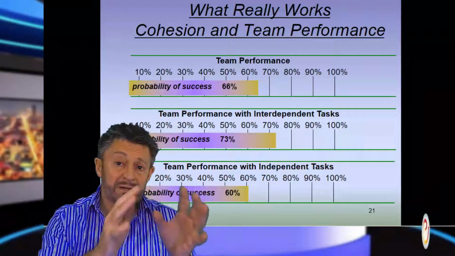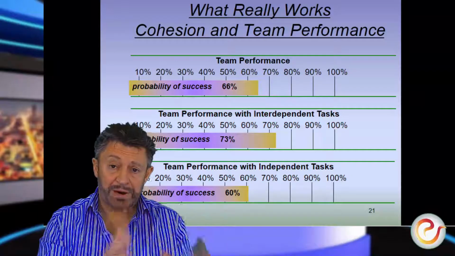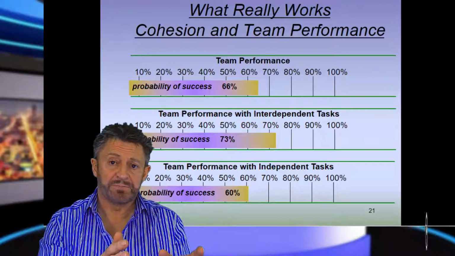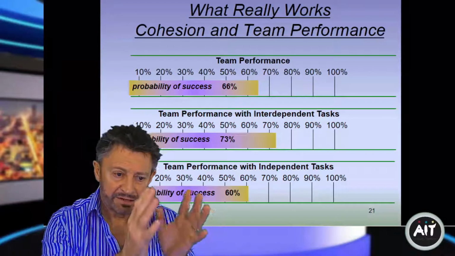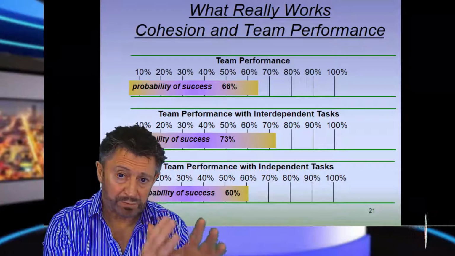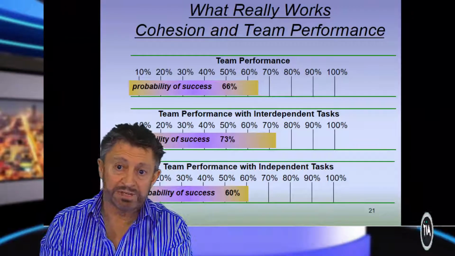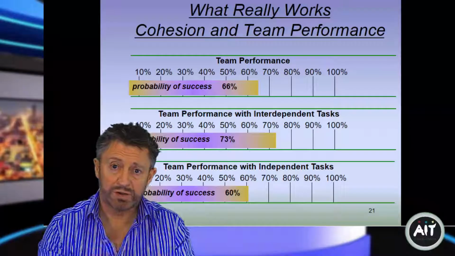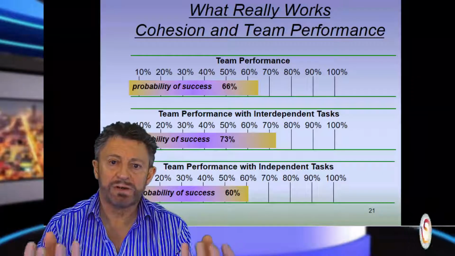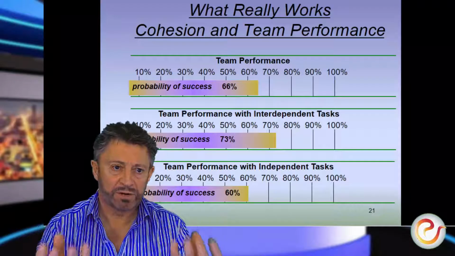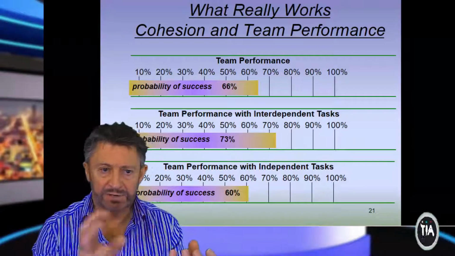Does that mean that the department of software engineers is a team? No. The three people working on project A, that's a team. The 3 people working on project E, that's a team, and so on, because there's no interdependence. They're working on independent tasks, and that's why it falls down.